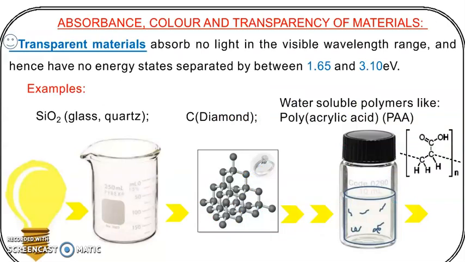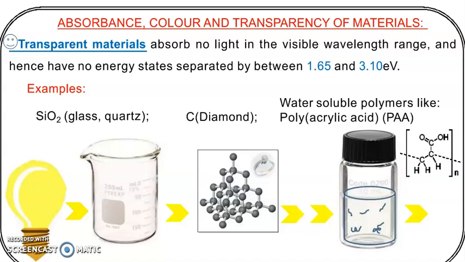So we have to define the absorbance, color and transparency of materials. Transparent materials absorb no light in the visible wavelength range and hence have no energy states separated by between 1.65 and 3.10 electron volt.